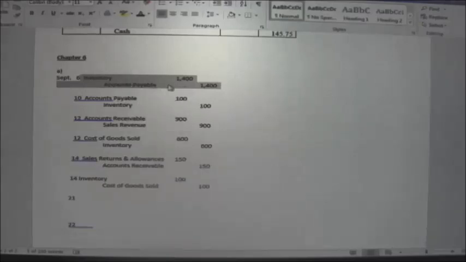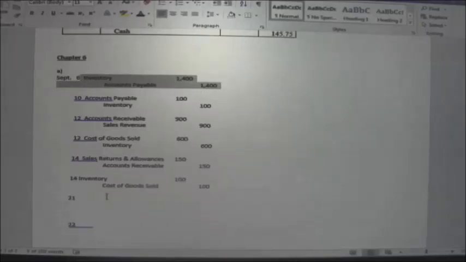We bought $1,400 worth. So we owe them how much altogether still? We owe them $1,300 still. We are recognizing the paying off of this. All that means is I'm going to be paying cash, credit cash. I'm going to be paying these off, so that's going to reduce my accounts payable.